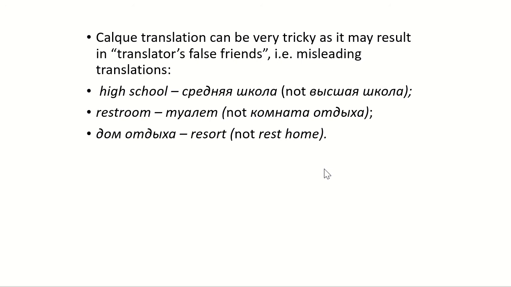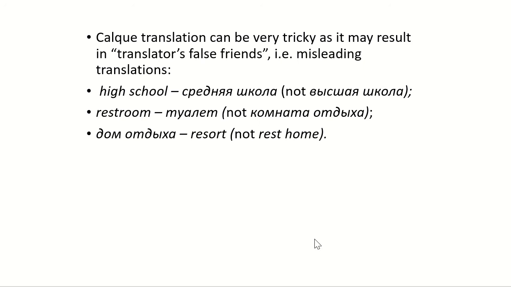The word restroom, if we translate it using the calque method, we can translate it like комната отдыха, but actually it is not the same, and you can see its equivalent here. The same with дом отдыха: it is not rest home. If you translate it just like this, rest home, it won't be the correct equivalent, and this is the equivalent of дом отдыха.